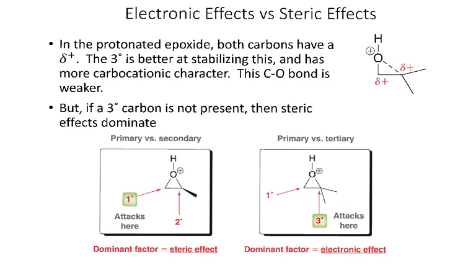When we have a tertiary carbon that's part of our epoxide, that's where the nucleophile is going to attack because of these electronic effects that we talked about. So this is a big difference between all the other SN2 reactions that we've looked at so far, but we're going to see these electronic effects more and more as the semester progresses. And so we have to balance the steric effects that we've talked about to this point when thinking about SN2 reactions and these electronic effects that may also occur.